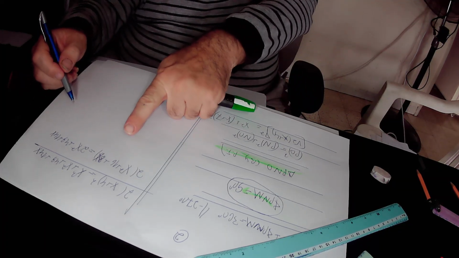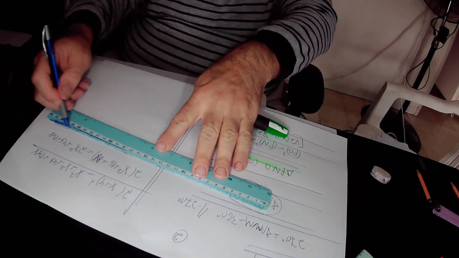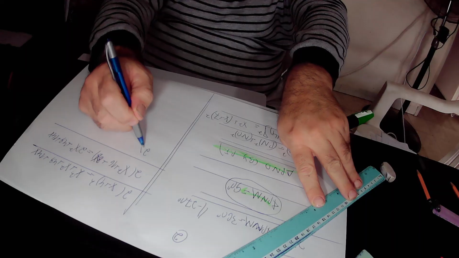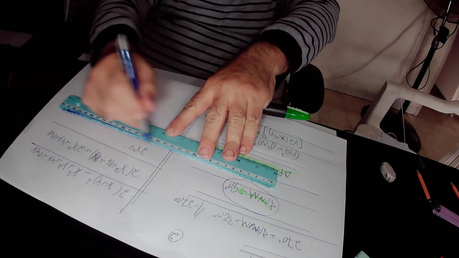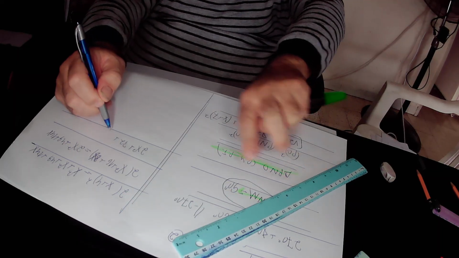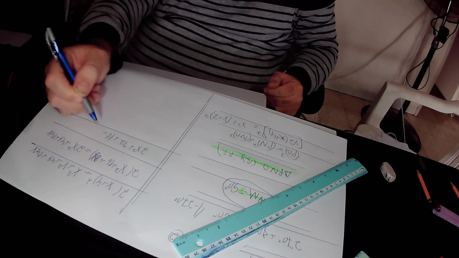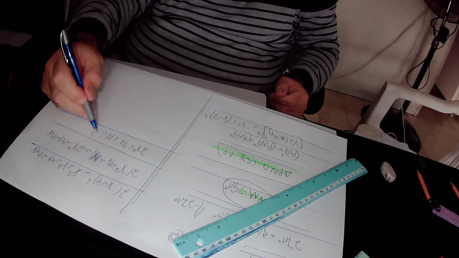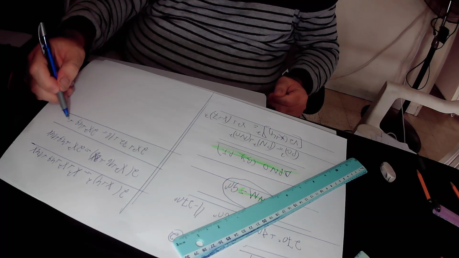We'll open the brackets on this side of the equation. We have 2 times x squared is 2x squared, plus 2 times 16 is 32, plus 2 times 8x is 16x, and it equals 2x squared plus 49 plus 14x.